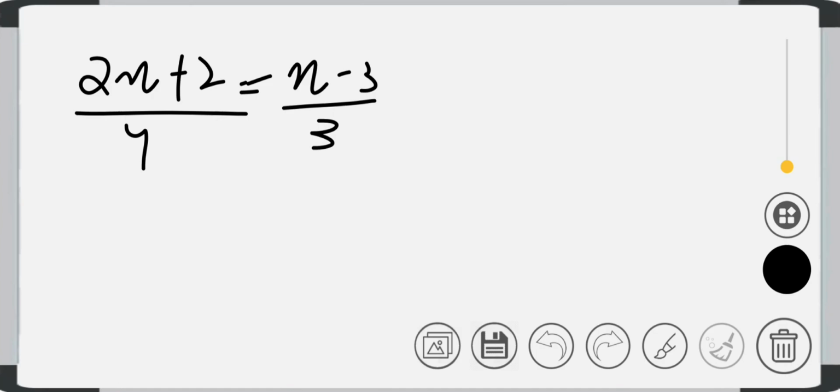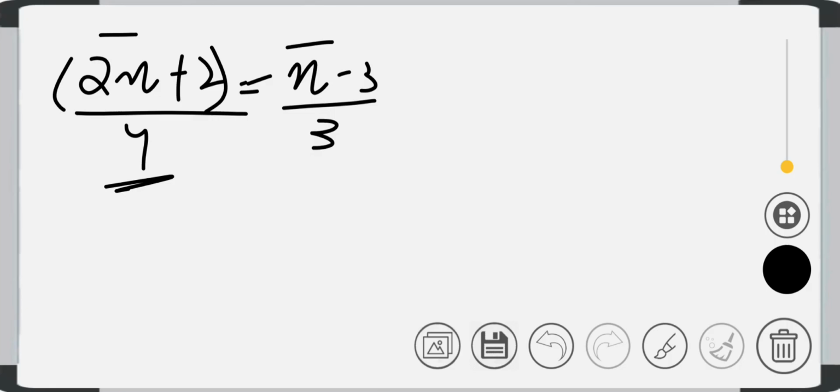Now what we learned in the previous question is that we found two variables on either side of the equal sign, so we can add or subtract them. But here we can't do that, because this whole expression is being divided by 4.